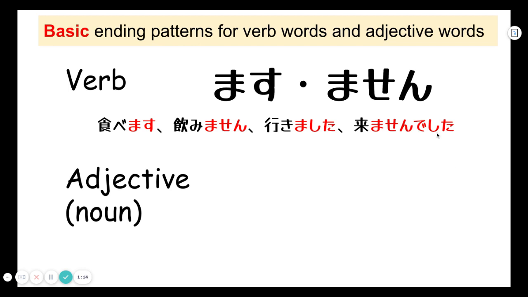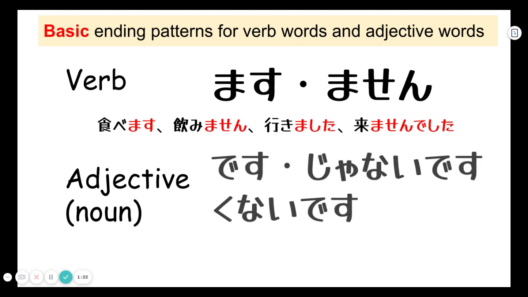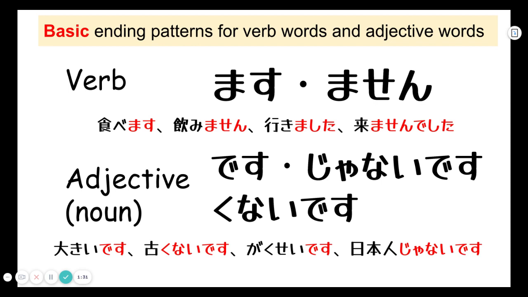That's the past and negative. These are the really basic ones. Whereas adjective or noun, you would say です, じゃないです, くないです, sometimes ではありません, like 大きいです, 古くないです, 学生です, 日本人じゃないです. There's so many of that kind of ending.